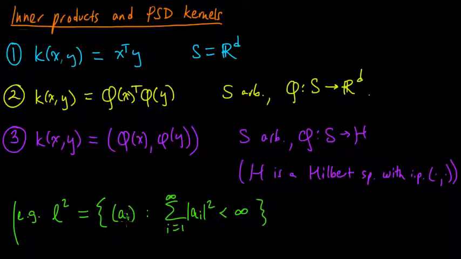Here the a's could be real valued, or if you took them to be complex valued, that would be a slightly different space. Either of those you might refer to as little l2. Usually you think of it as the complex one, but you can think of them as real valued for now.